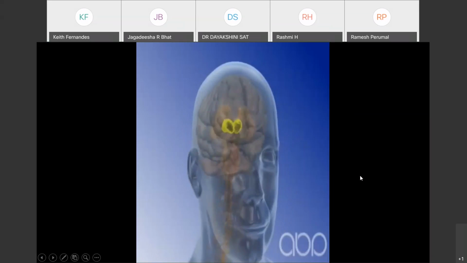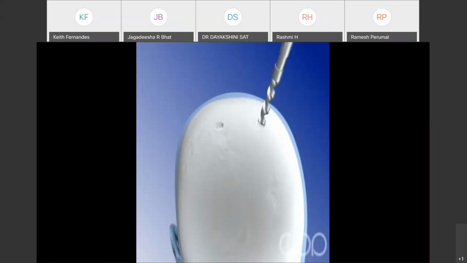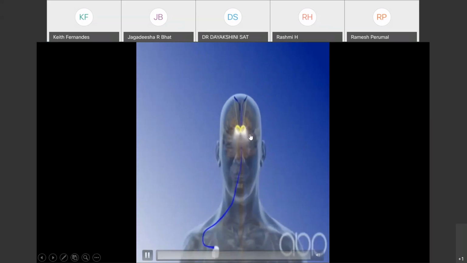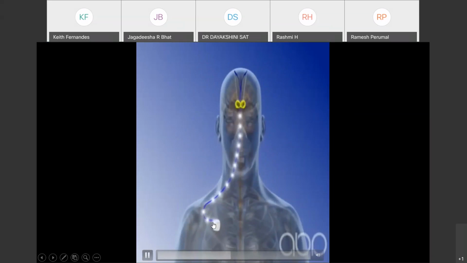So you could see it requires a surgery as well. During the surgery, the electrodes are implanted into the target brain region, and you see this is the pulse stimulator. It can be placed either in the shoulder or under the skull. So by this principle, the current is passed continuously to the infected brain region, and it helps to relieve some of the motor symptoms, especially the motor symptoms of Parkinson's disease.